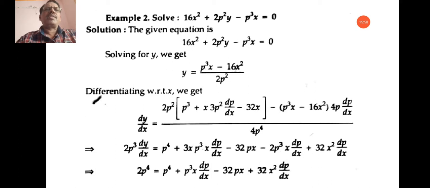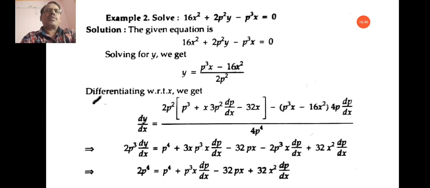Next step is differentiation. So how to differentiate this equation? Differentiating with respect to x, we get dy by dx is equal to, by using the quotient rule. You apply the quotient rule, not the product rule. So you take 2p square into the derivative of p cube x minus 16x square. What is the derivative of p cube x minus 16x square? p cube into 1 plus x into 3p square into dp by dx, that is the product rule.